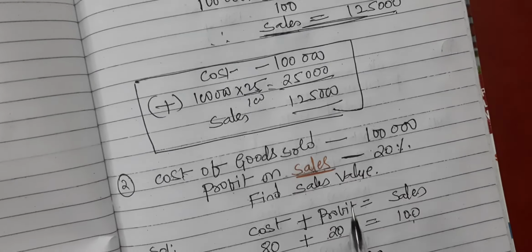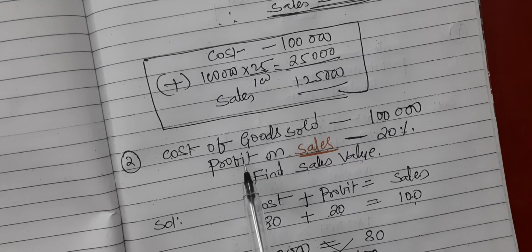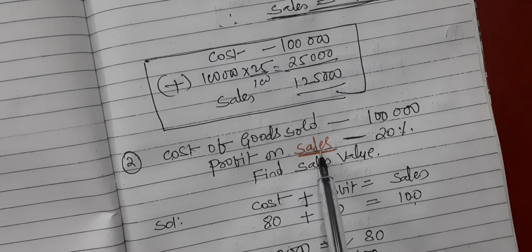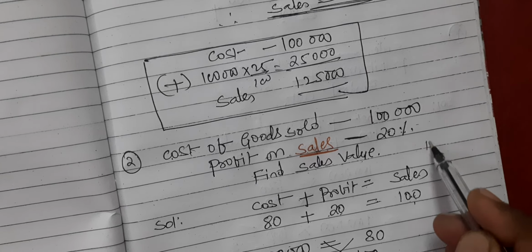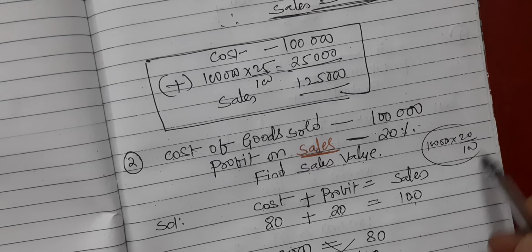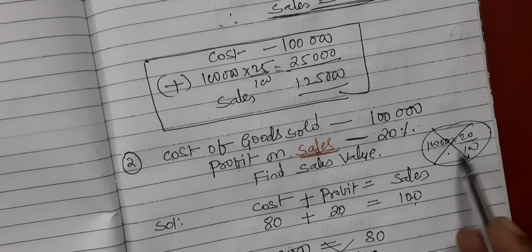But when you come to this situation, cost is 1 lakh and profit on sale is given. In this case, if you write 1 lakh into 20 by 100, this will be wrong. You cannot apply.